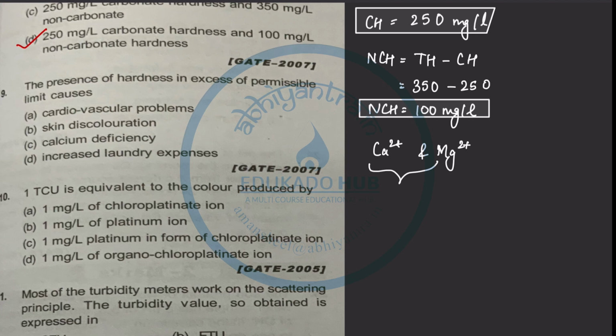Hard water does not cause any health problem. This we should know. Hard water will never cause any health problem, but it leads to lesser foam formation, so it will increase the expense of laundry material.